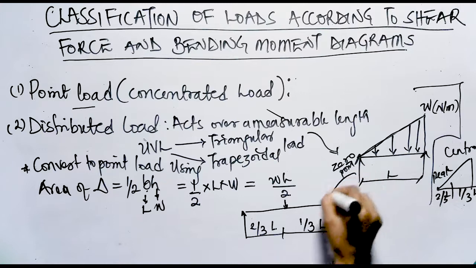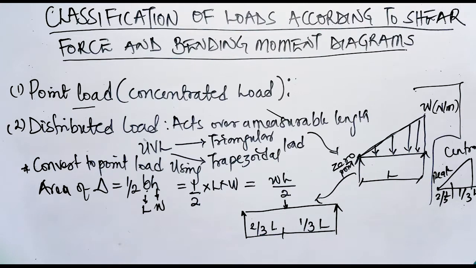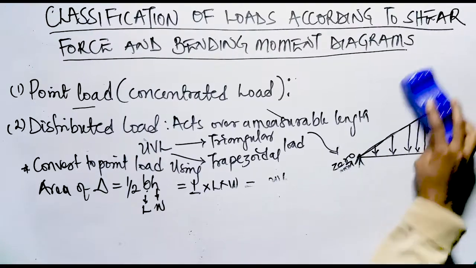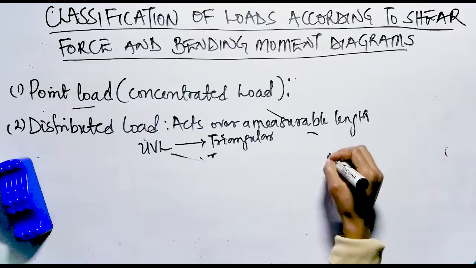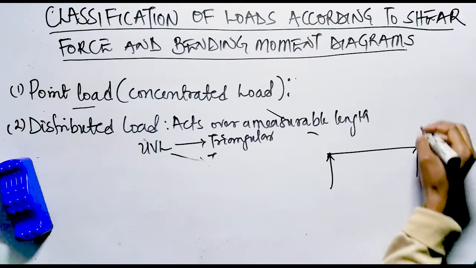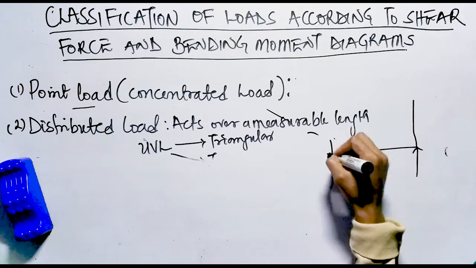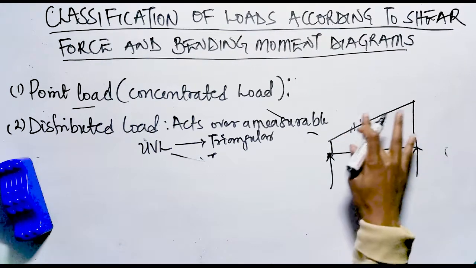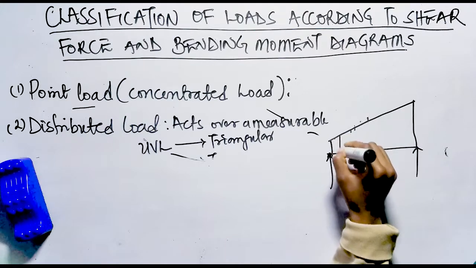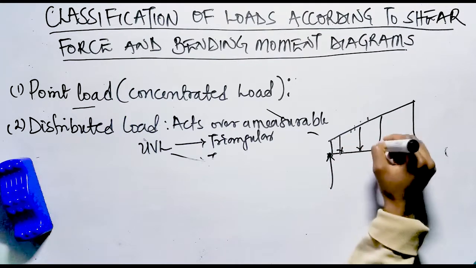Moving on to the last but not the least, trapezoidal load. It is almost the same thing as the triangular load. The shape is going to be in the form of a trapezium, which is going to be like this. Also, the load is acting on the span length in the form of a trapezium. It's usually formed by the combination of a UDL and a triangular load.